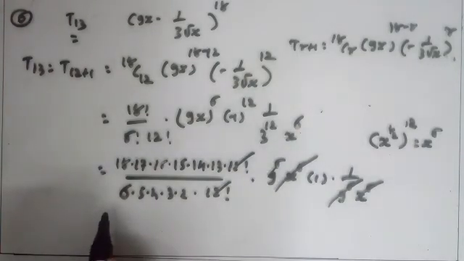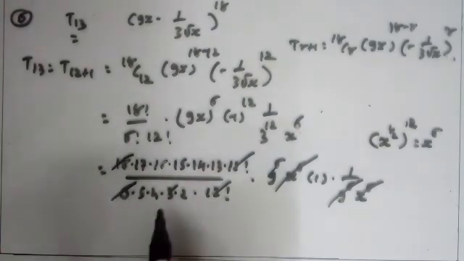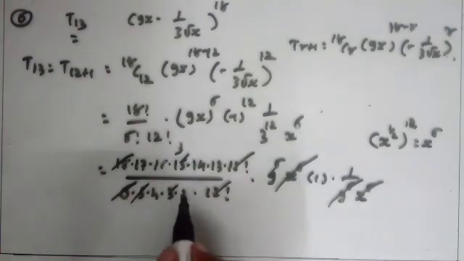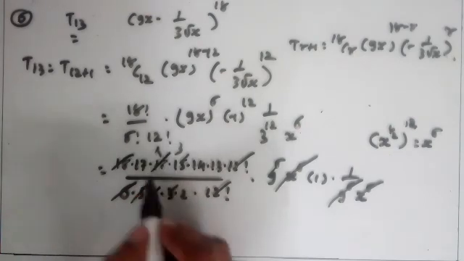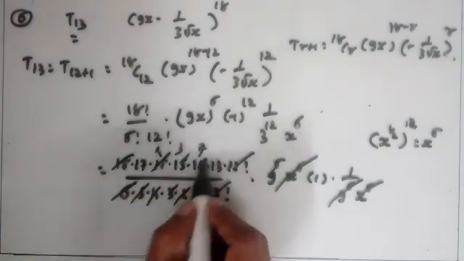Here next, 6 times 3 is 18, cancel. Here 5 times 3 is 15. Here next, 4 times 4 is 16 and 7 times 4.